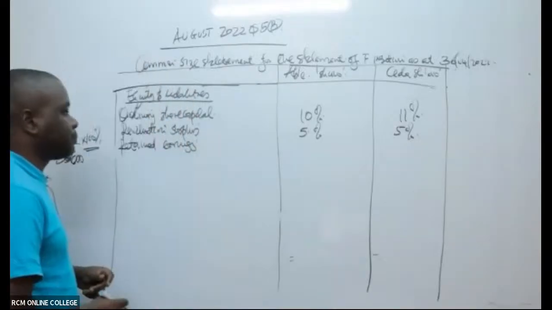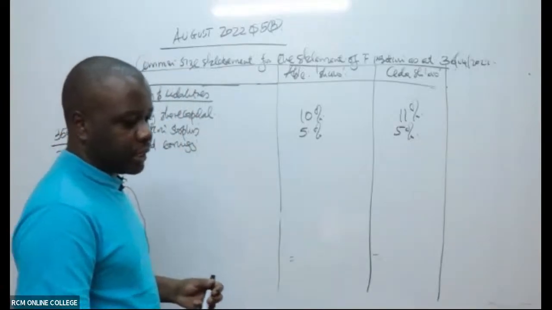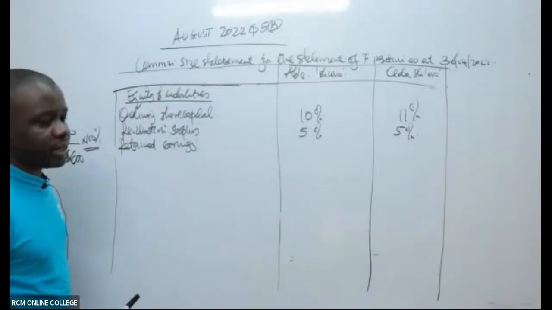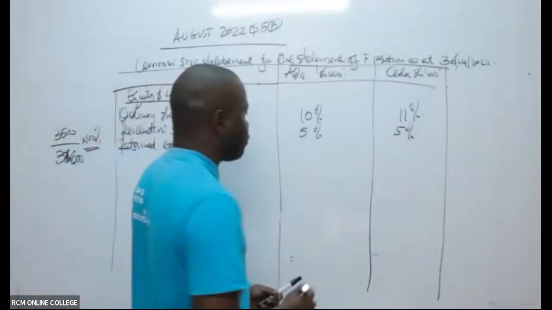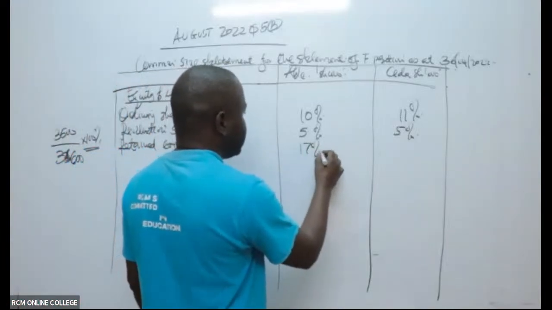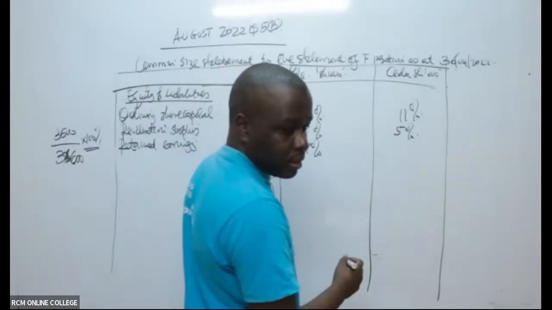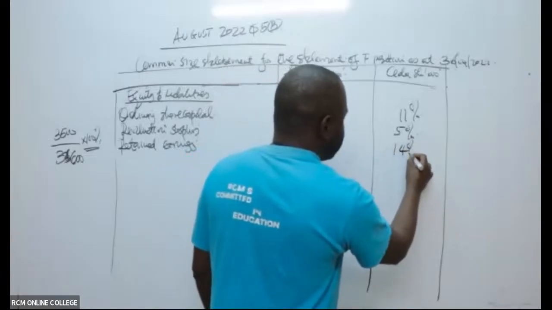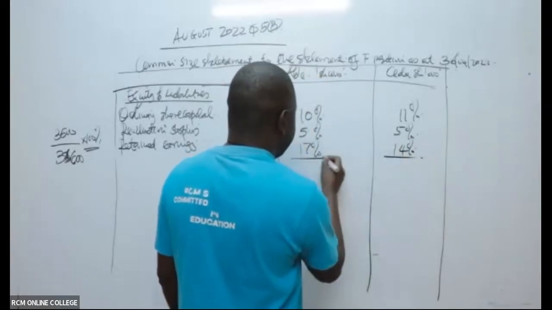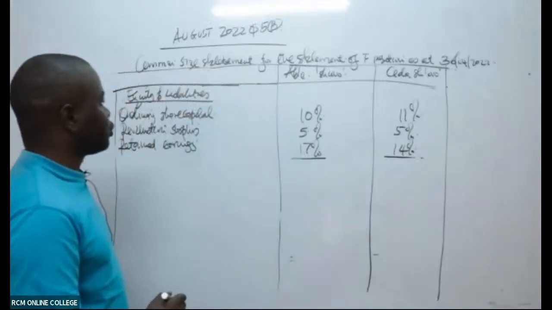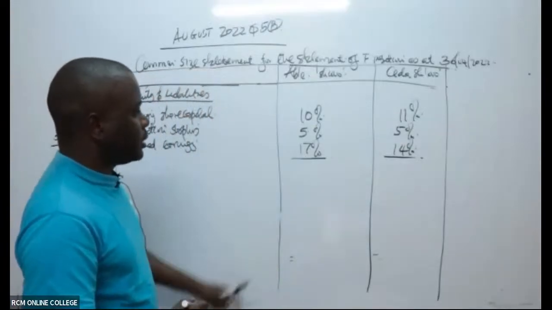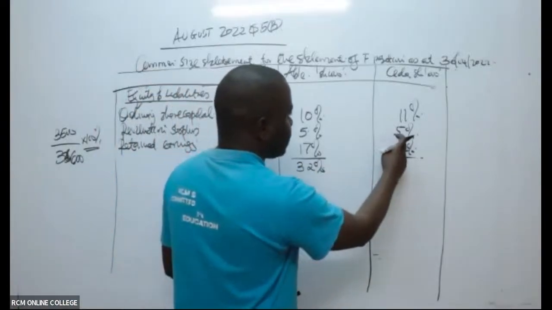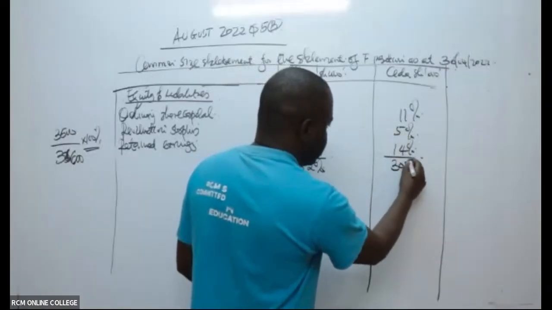For retained earnings, you take the retained earnings figure, you divide by 33,600, multiply by 100%. 16.7 and 14.2, so that is 17% and of course 14%. So when you total here, you'll be able to get the figure for total equity. This one is coming to, I think, 32%. If you add the two, that is 32%. This one is 30%.